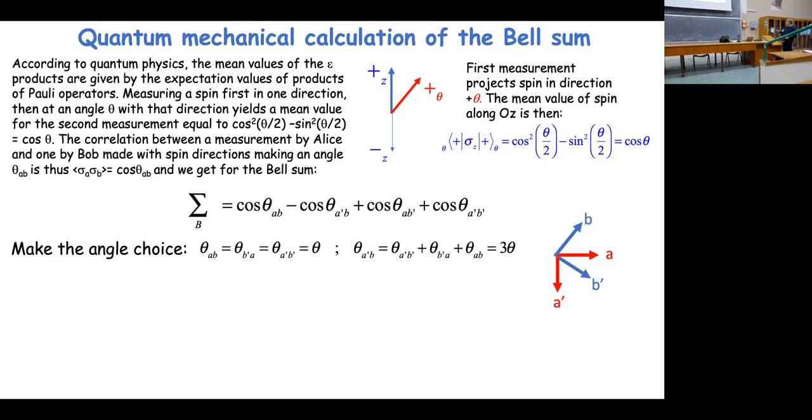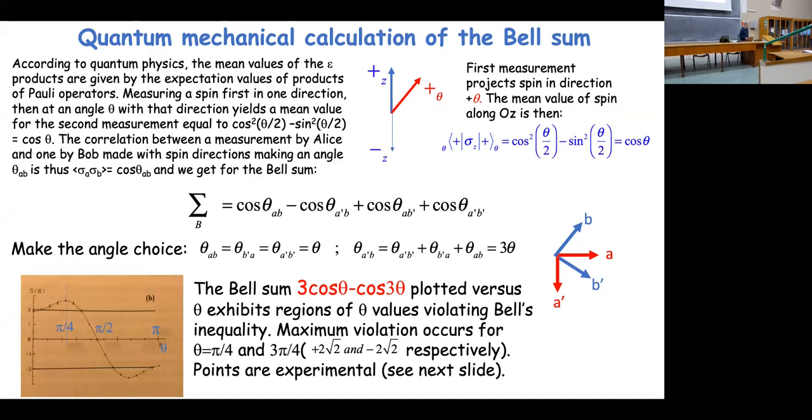So we will have three angles which will be equal to theta, and another which will be equal to 3 theta. And what will be then the quantum result for the Bell sum? The quantum result for the Bell sum will be 3 times cosine theta minus cosine 3 theta, if you look at the Bell sum the way it was written on the previous slide.